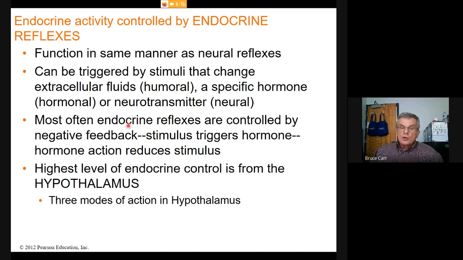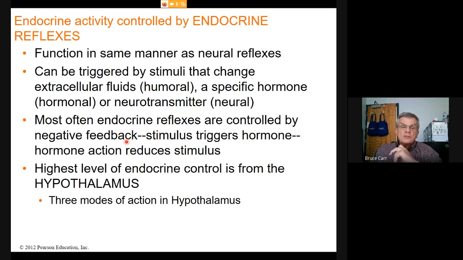Most often they're controlled by negative feedback, which means whatever the stimulus is, let's say the stimulus is blood sugar increasing toward the maximum limit of the range.